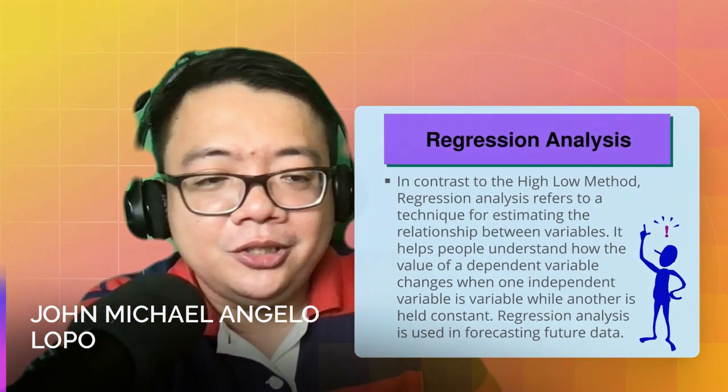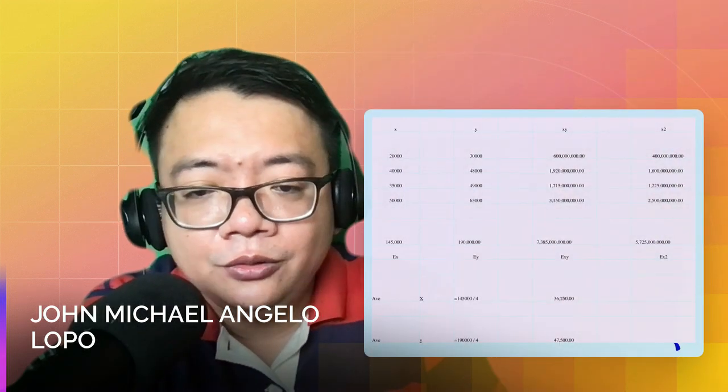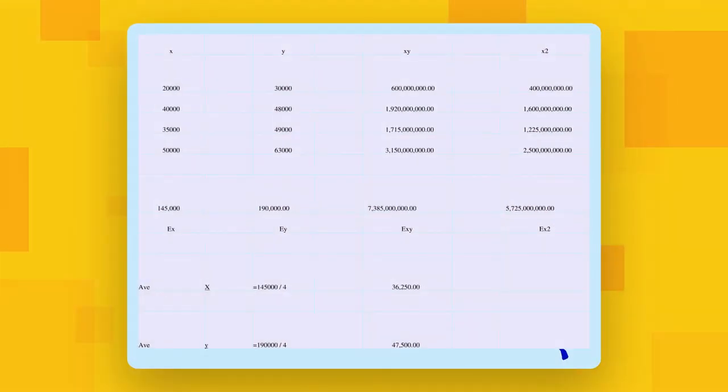Class, there are some formulas here. Hopefully you read this. It's a bit unclear, okay. For example, your x here is your activity, while y here is your cost.